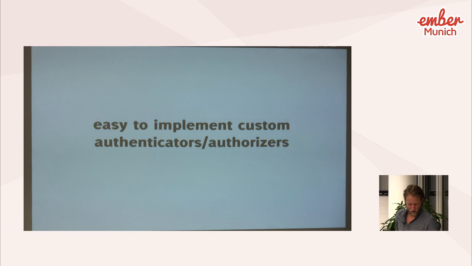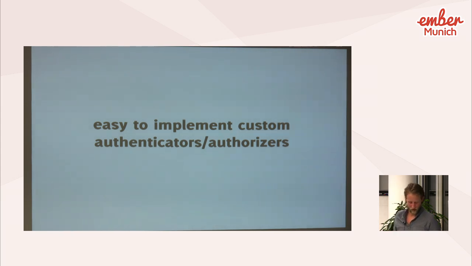But it's also really simple to implement custom authenticators and authorizers. For example, the RFC 6749 authentication mechanism defines that you make a post request against /token on the server side, with form encoded data and so on.